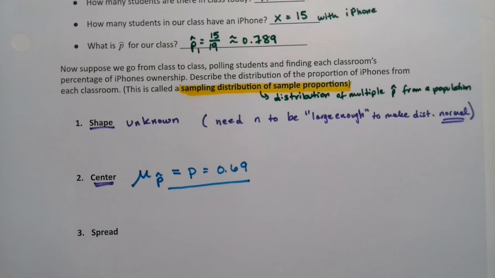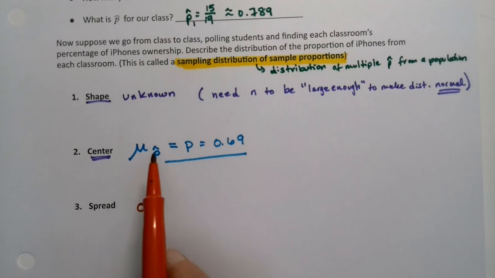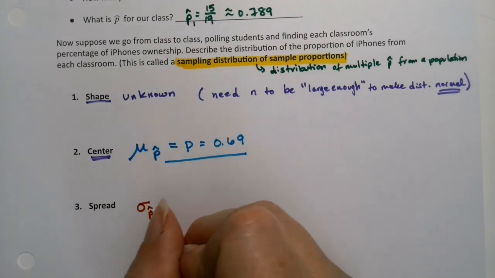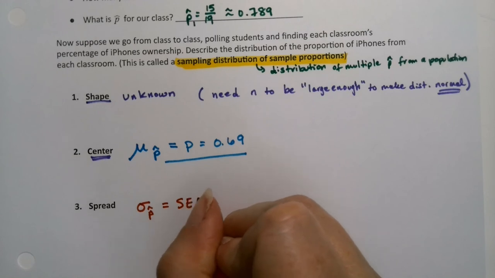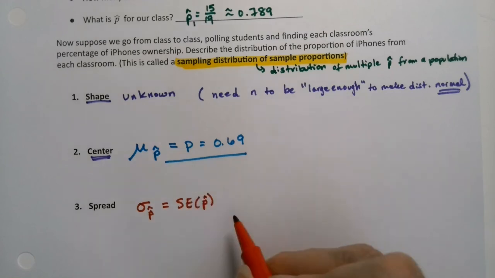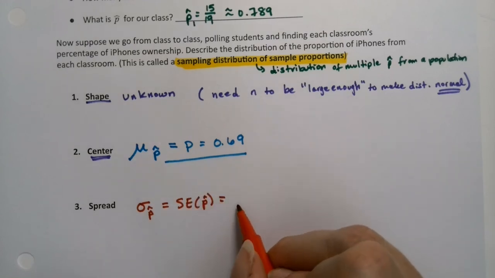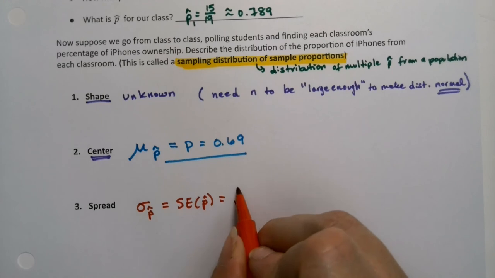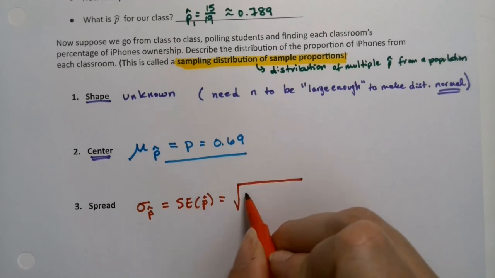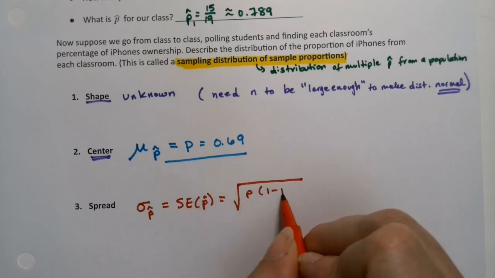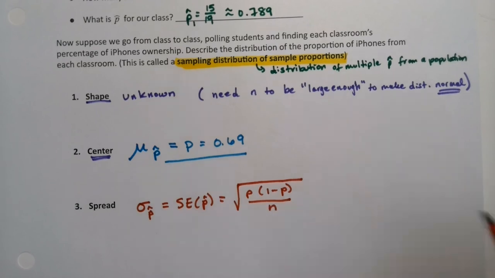And then the spread is sigma p hat. Hopefully those notations look very familiar to you, but they're not x bars, they're p hats. Sigma p hat is also known as the standard error of the p hat, which has a formula. The formula is the square root of p times 1 minus p, divided by n.